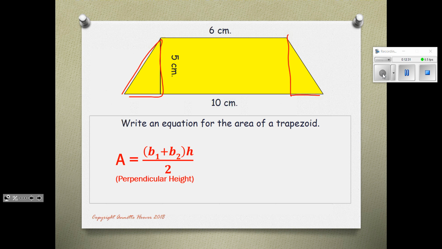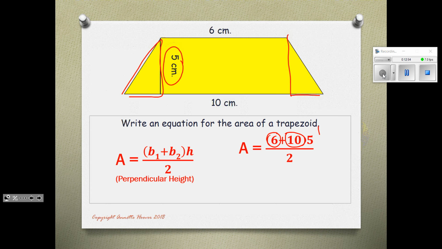So if we look up here at this one, first we're going to plug in all the numbers. The top base was 6. The bottom base was 10. We're going to add those two together first, which would be 16. We're going to multiply it times the perpendicular height, which is 5. So that would be 16 times 5 on top, sorry, I multiplied instead of adding.